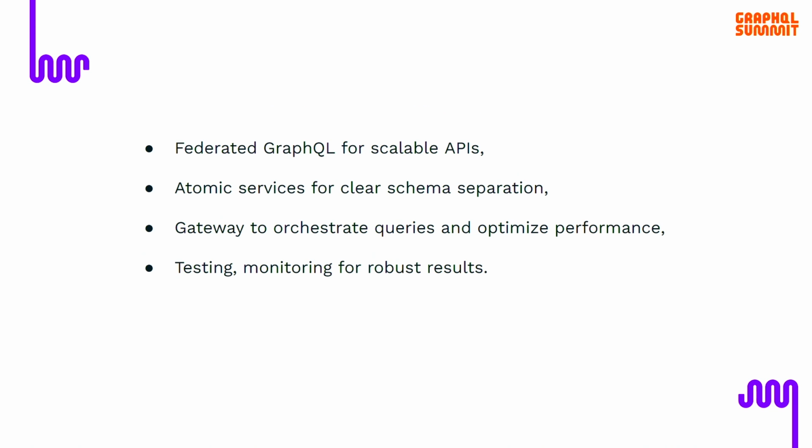Implementing these best practices in a federated GraphQL is crucial for a robust, scalable, and maintainable system. It not only streamlines development and enhances performance, but also ensures a more seamless and reliable user experience.